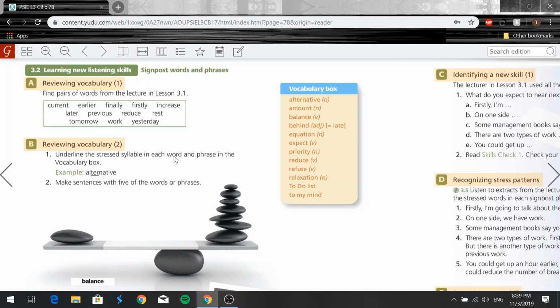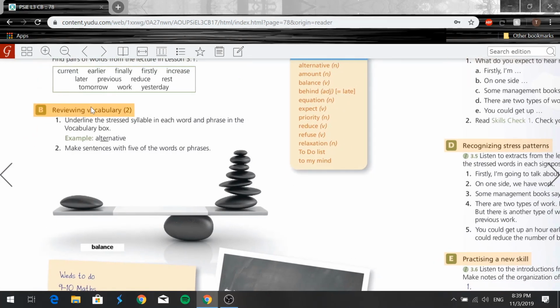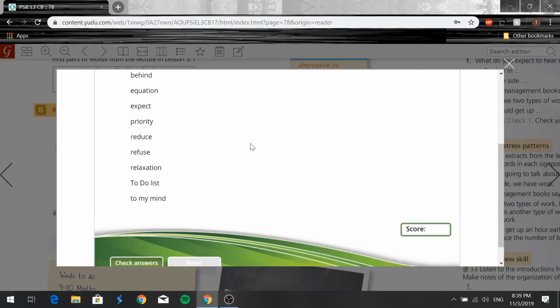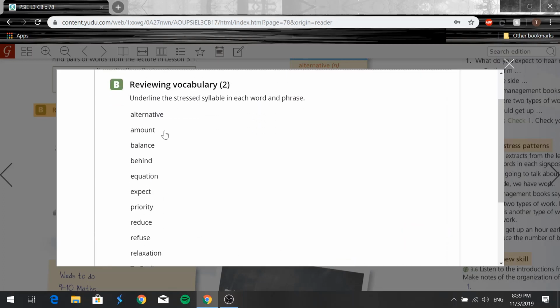Okay, now let's go to reviewing vocab 2, exercise B. What do we have here? All right, so we're going to have to underline the stressed syllable in each word or phrase. Right, so I want you guys to say these words out loud by yourself, right? And tell me, where do you think the stressed syllable is? So if I say the word alternative, right?